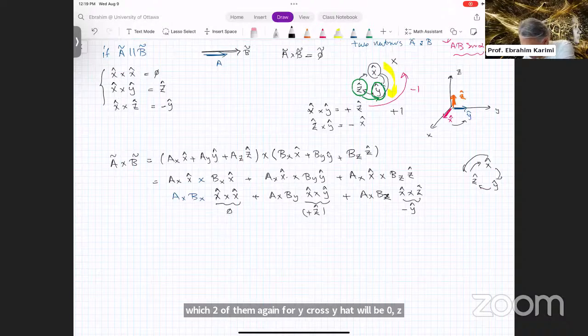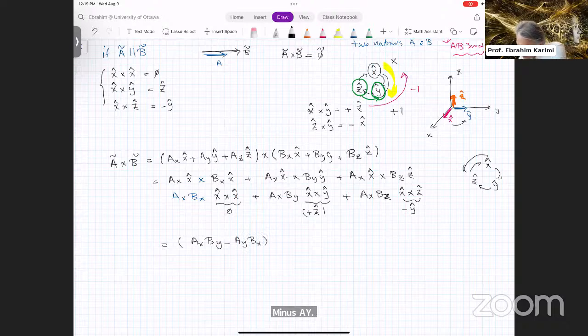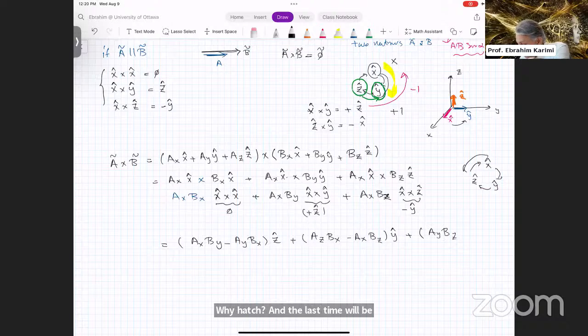And then the result, if I want to write it down, simply will be AX BY minus AY BX Z hat, then plus AZ BX minus AX BZ Y hat, and the last term will be AY BZ minus AZ BY X hat.